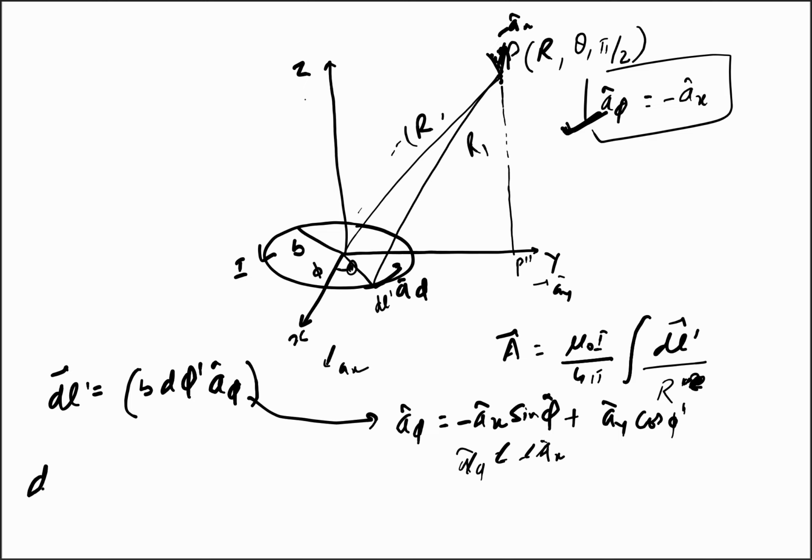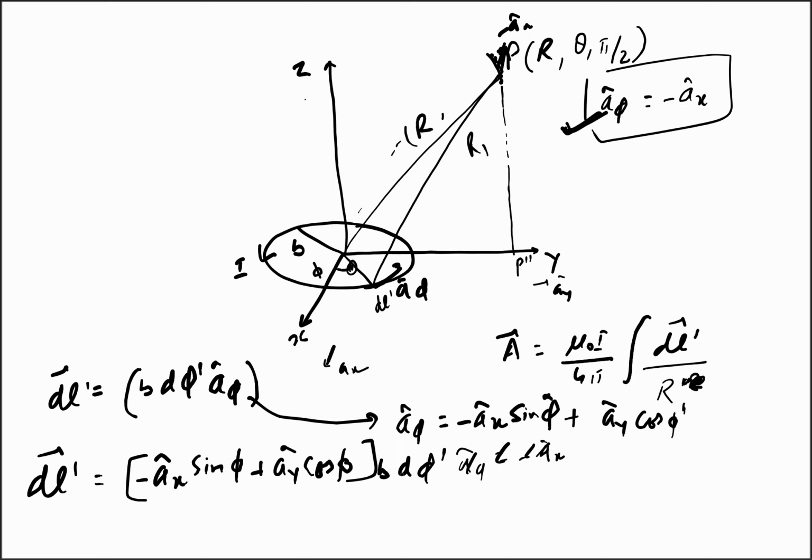So dl dash can be written as minus ax sin phi plus ay cos phi into b d phi dash. So we have found the small dl dash here.